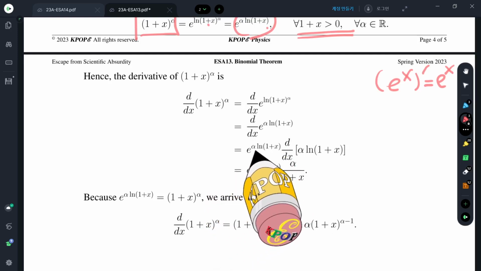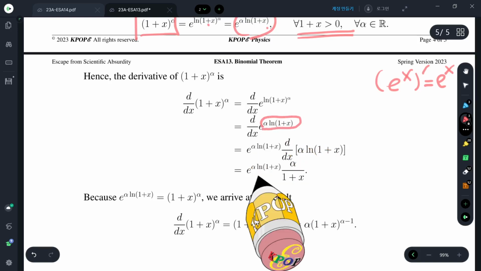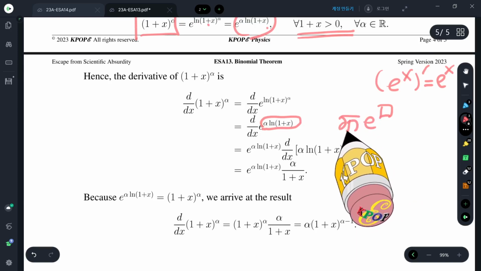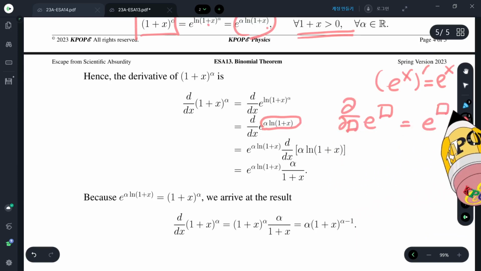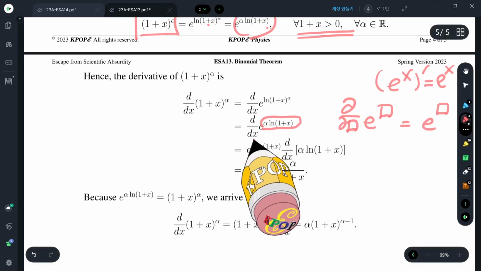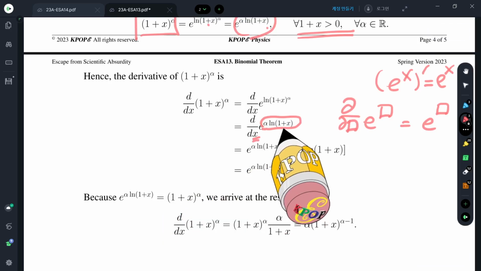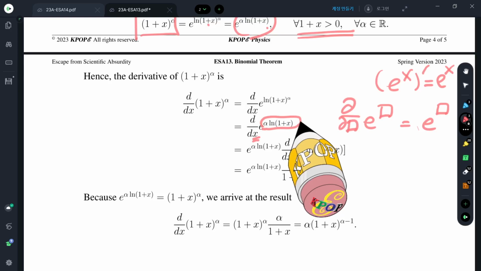This is an exponential, so chain rule. The exponential of something, take the derivative with respect to something, is the same. However, we take the derivative with respect to x, so we need to use the chain rule. So the result is this one multiplied by the derivative of the argument.